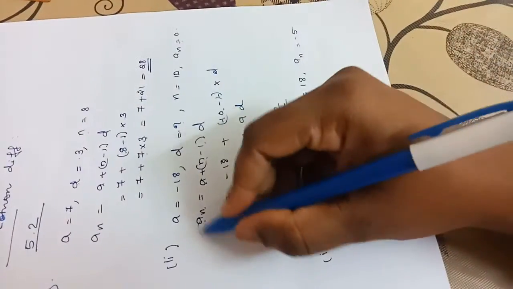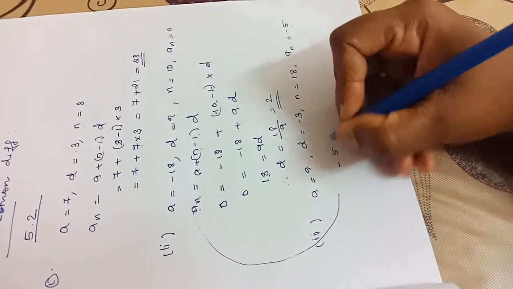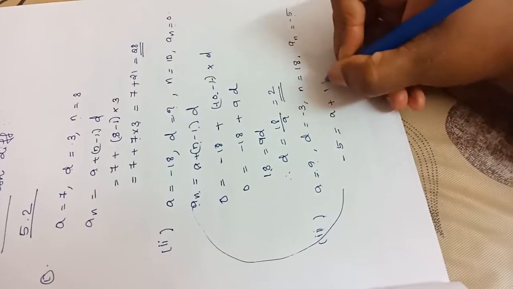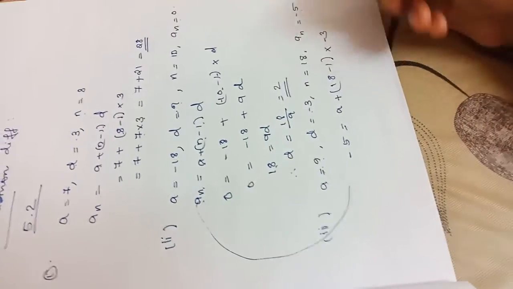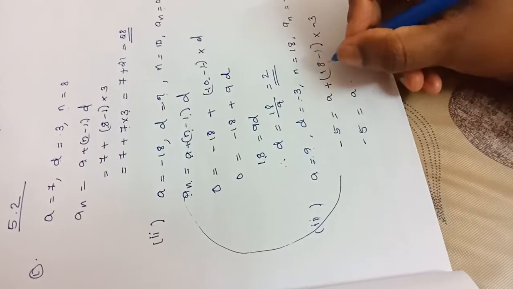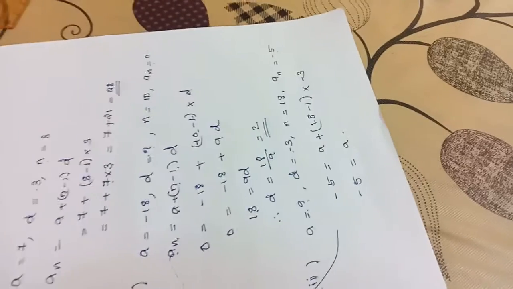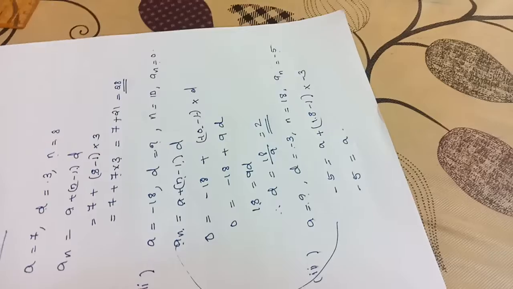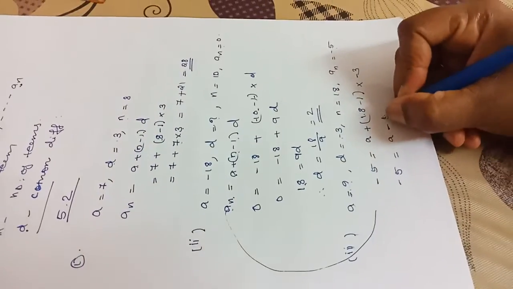So I am substituting in the equation: minus 5 is equal to a, we don't know, plus (18 minus 1) into d, which is minus 3. So minus 5 is equal to a, again 18 minus 1 is 17, plus 17 into minus 3, which is minus 51.